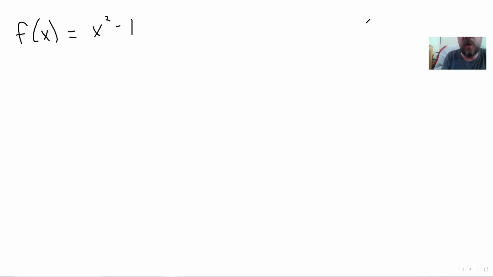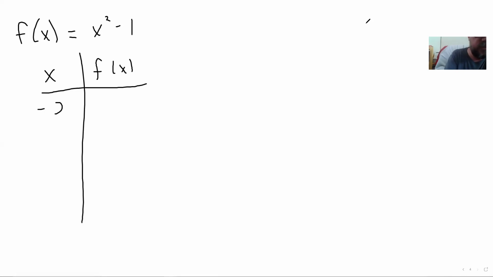Let's make a table of x and f of x: -2, -1, 0, 1, 2. If I put in -2, I'll square that, get 4, and subtract 1 to get 3. Put in -1, square that to get 1, subtract 1 to get 0. Put in 0, get -1. This is 0, this is 3.